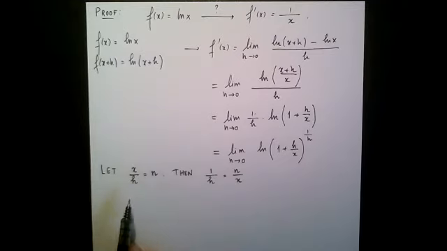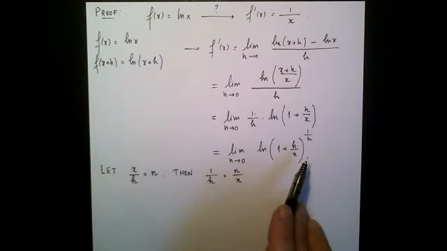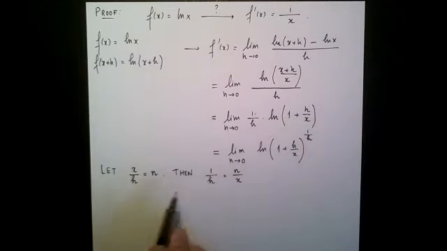Okay, so that's the tricky part. Again, I'm doing a sort of change of variables. Every time I see x over h, I call it n. I need 1 over h because I have 1 over h here. So 1 over h is equal to n over x, right?